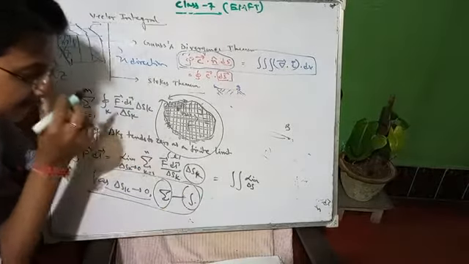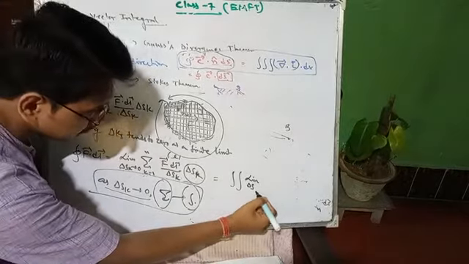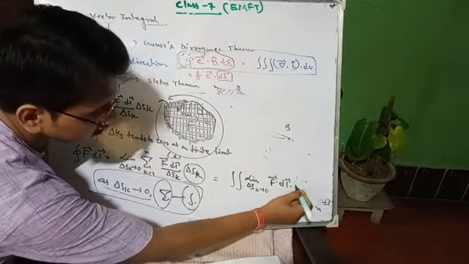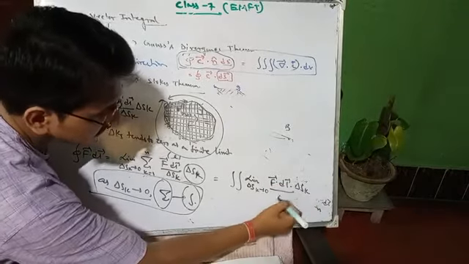Always remember that. So the limit as del sk tends to 0 of the closed line integration of f dot dl over del sk, by del sk.